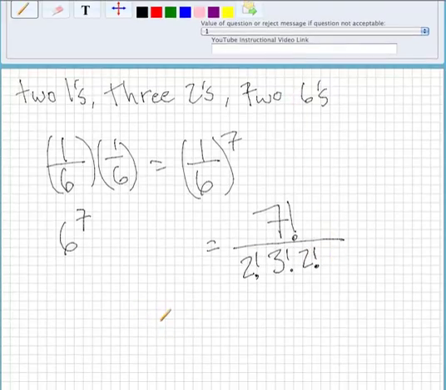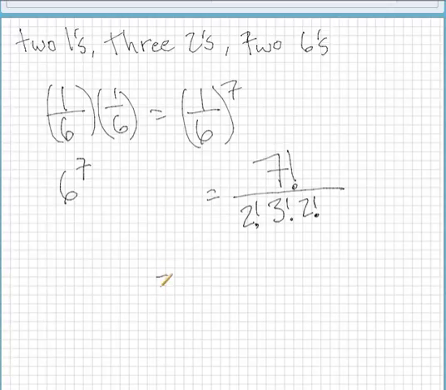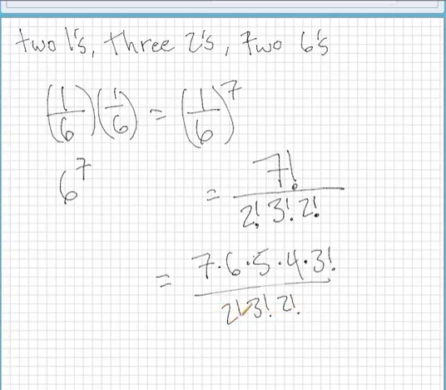If we simplify this down a little bit, it's 7, 6, 5, 4, 3 factorial, over 3 factorial, 2 factorial, and 2 factorial. So this 3 factorial cancels out with the 3 factorial.